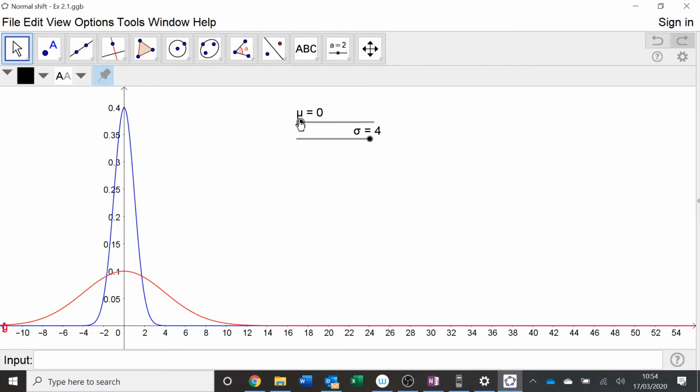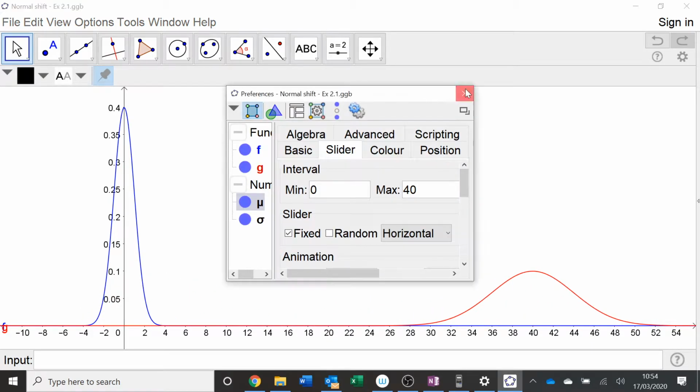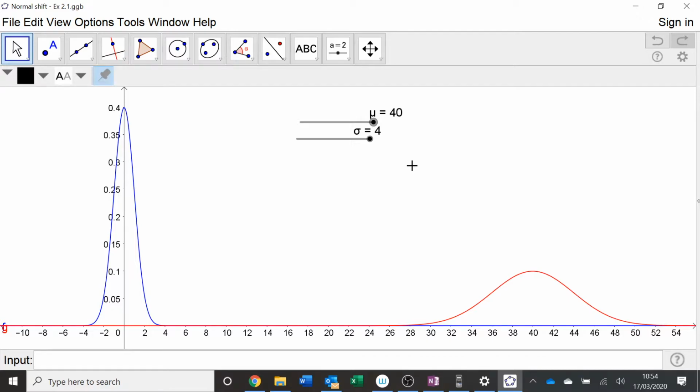Think of your graphical transformations. Then I divide by the standard deviation, and it's squashed until it is the same. It's a translation followed by a stretch. So we can take normal distribution values and move them over there.